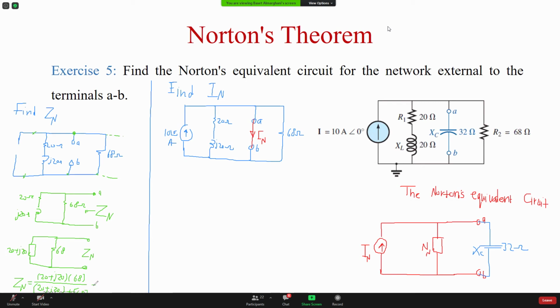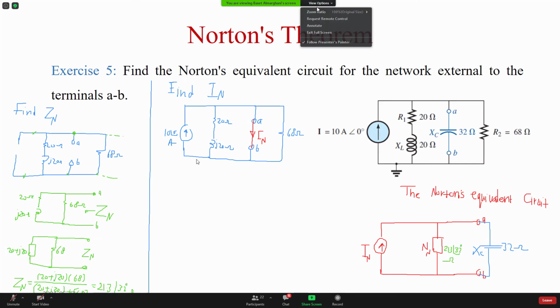Now this should give you an answer at the end, and I think it's 21.3 angle 32 ohm. So this is 21.3 angle 32 ohm. Done with this one.